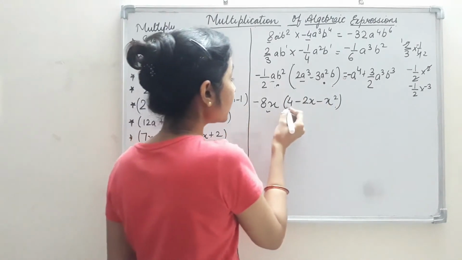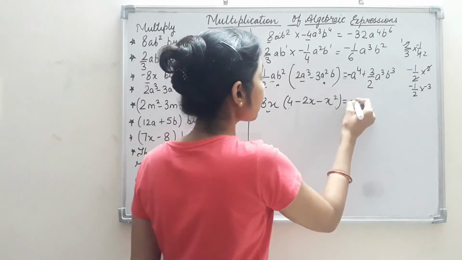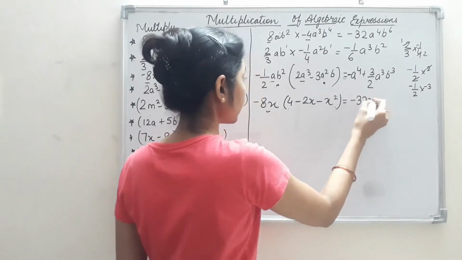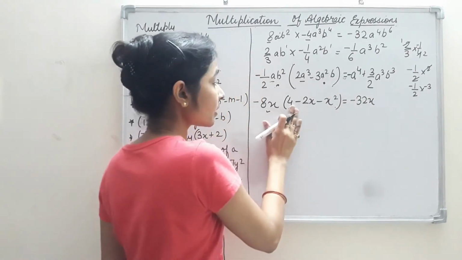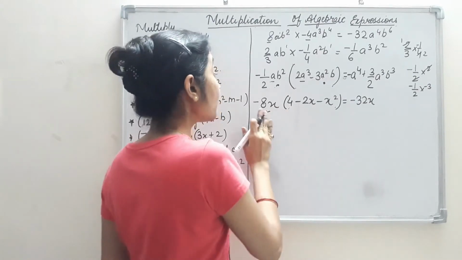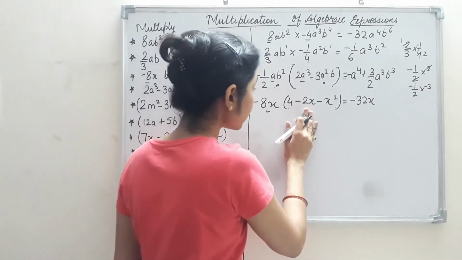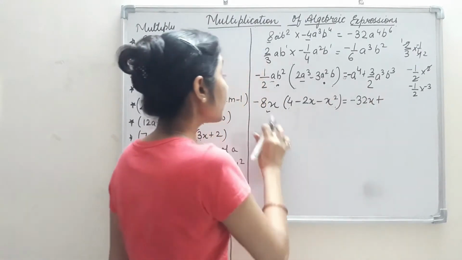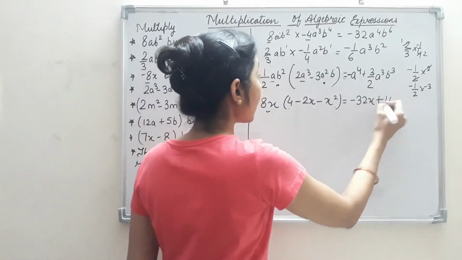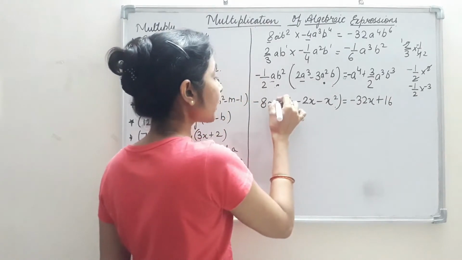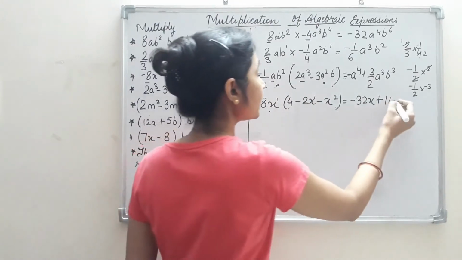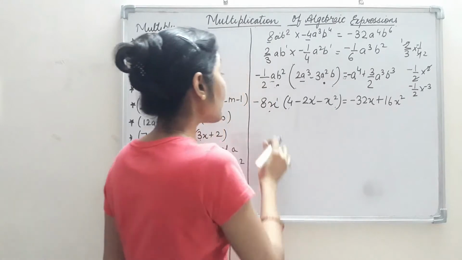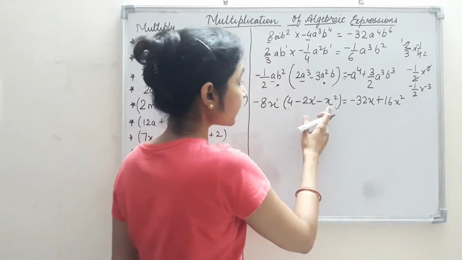So minus 8 multiplied by 4 gives me minus 32x. Okay, only one x is there, 4 does not have any variable. Minus 8x into minus 2x. So minus into minus first becomes positive. 8 twos are 16 and x into x, both having power 1, so 1 plus 1, 2, x square. Now minus 8x into minus x square.